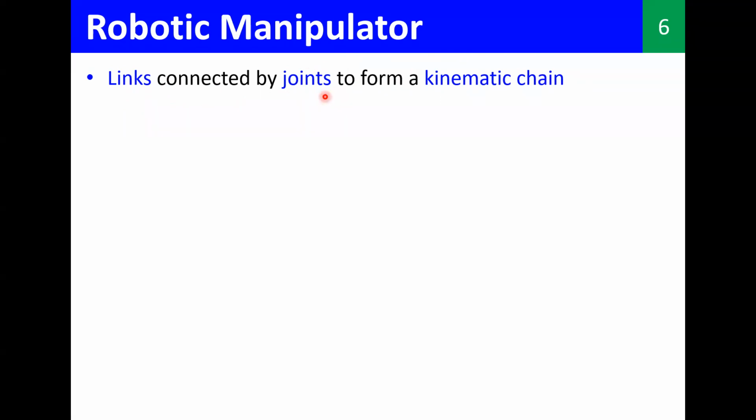So if I draw a basic robotic manipulator, we have a fixed base here, right? And then we have a link, and let's say we have another link like this, and there can be a special joint so that some tool, which we call the end effector, is attached to this final link, right?